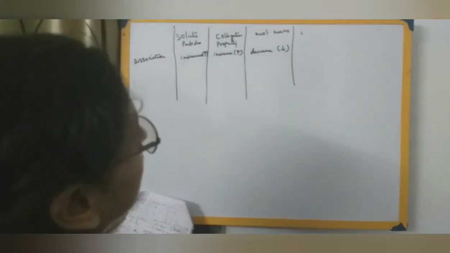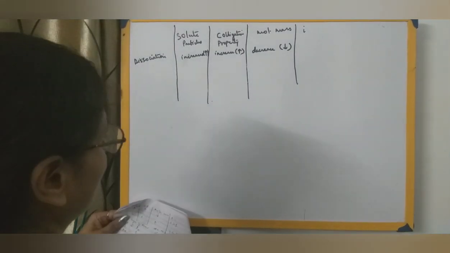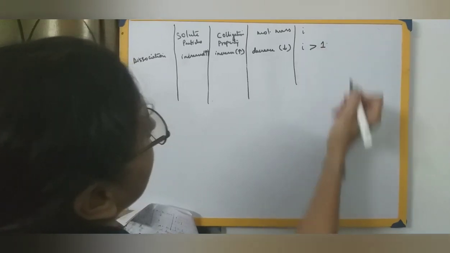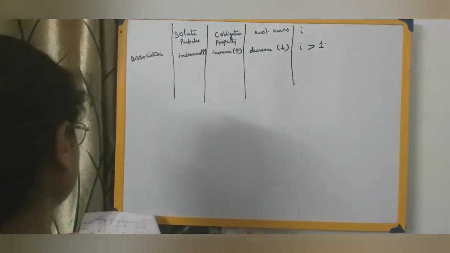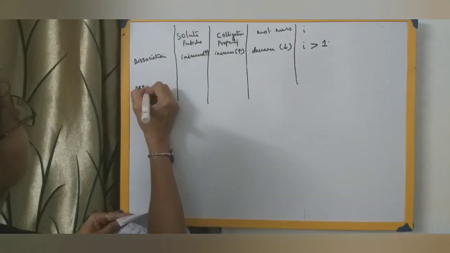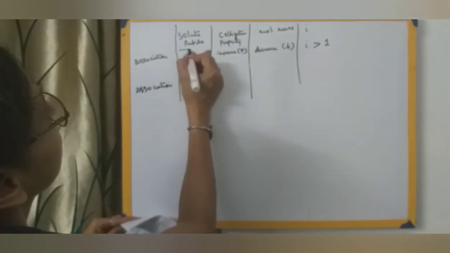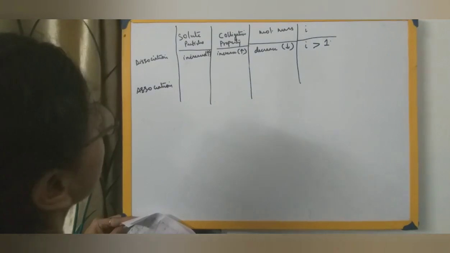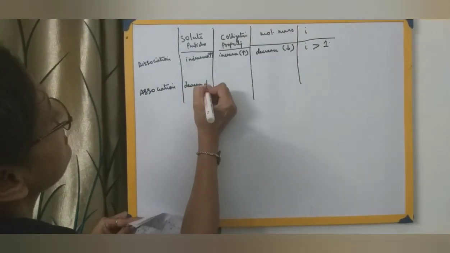Similarly, now what will happen to I? I have just shown you with the example of potassium chloride. We got that the value of I is greater than 1. You remember we got 2 for potassium chloride, so I is greater than 1. Similarly, association. What will happen to the number of solute particles? In association, the number of solute particles decreases. So we represent it with a downward arrow.